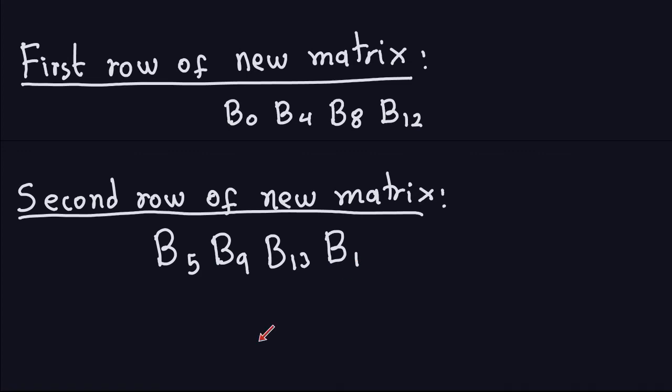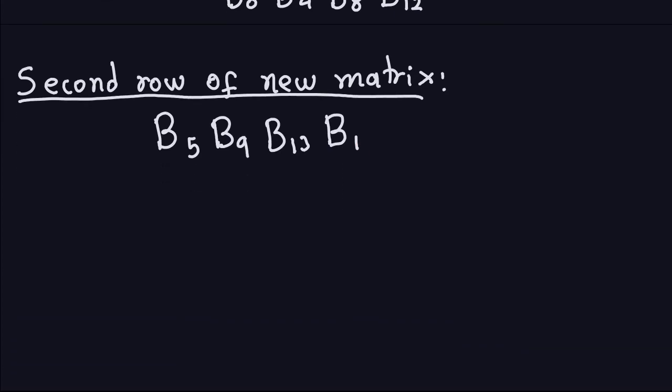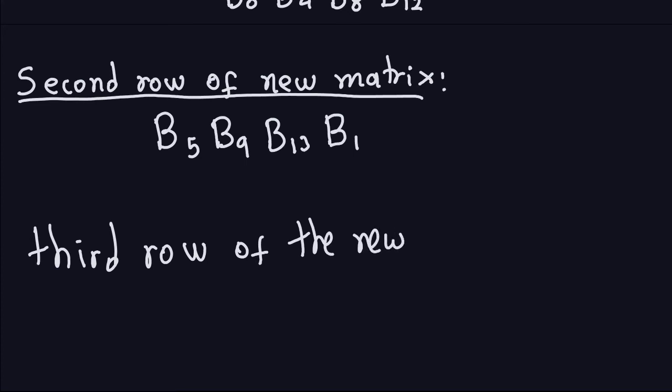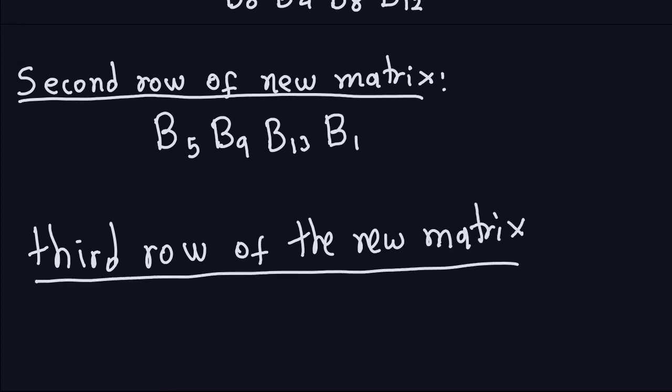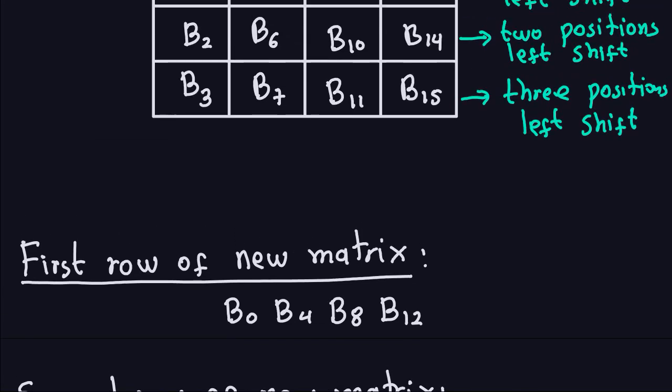Now what happens with the third row? Let me do all of those. So third row. This will be the third row of the new matrix. And then from that matrix, we're gonna read the new 128-bit. What I need to do is first start with the third row of my original array, which is this guy over here.